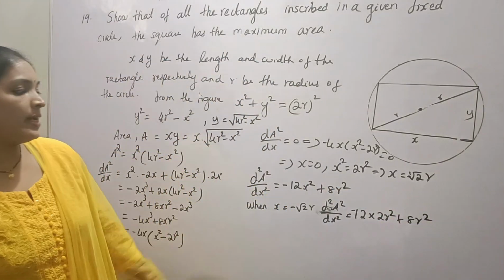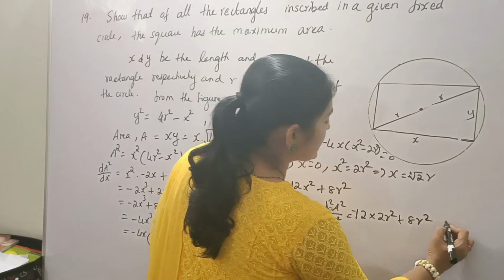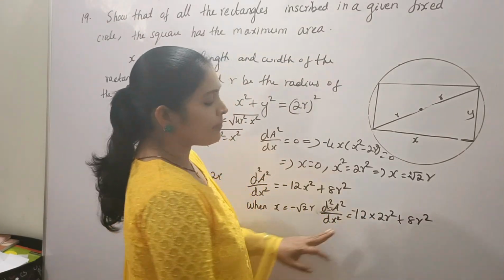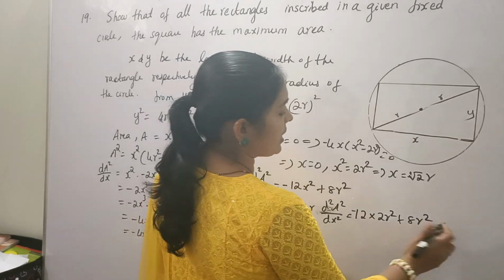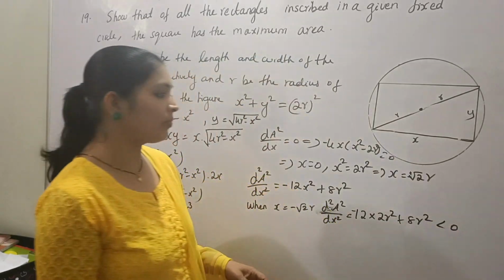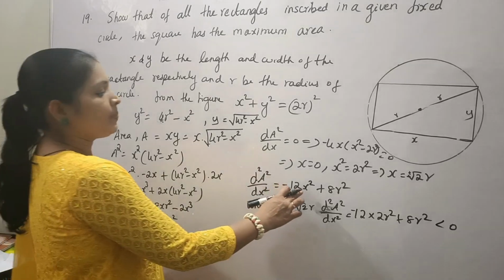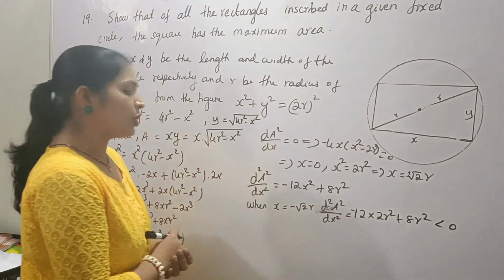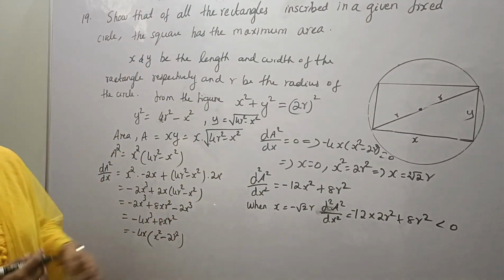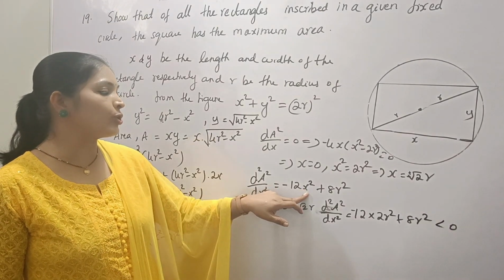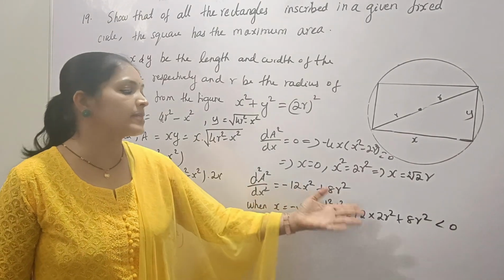Here it is minus, so it is less than 0, because minus 12 into 2r square is minus 24r square plus 8r square, that is less than 0. And when you substitute x is equal to plus root 2r, you will get the same value.